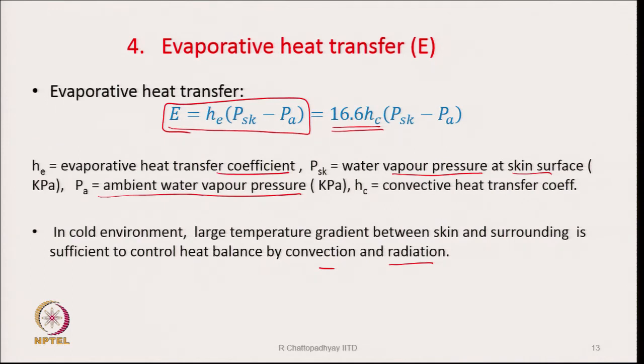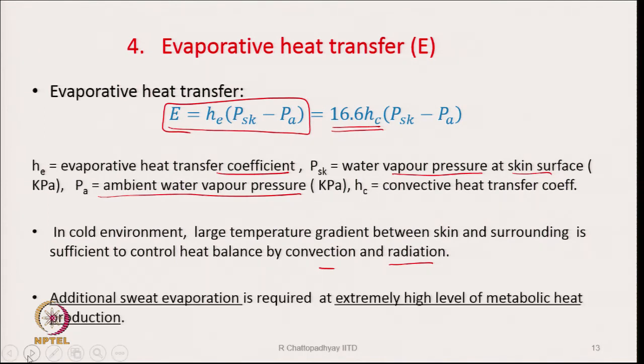If it is in the hilly region, the temperature is much lower, or if it is the winter season, the temperature may be 0, 1 or 2 degree, or less than 0, it can go negative. So, there could be a huge temperature gradient and a very high rate of heat loss. This possibility could be there, and we have to arrest this heat loss, otherwise humans are going to suffer.